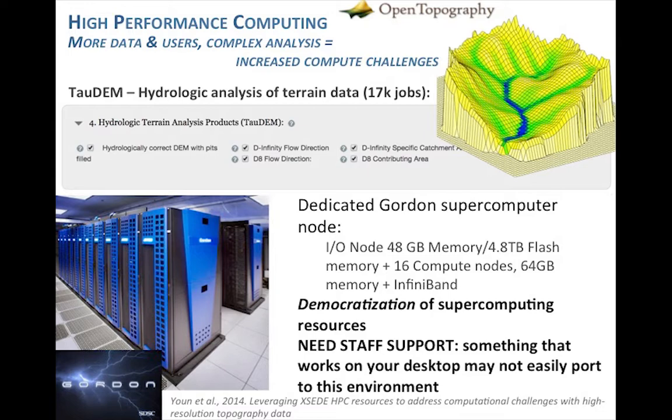But now that it's working, we've had 17,000 jobs run, and people are invoking this high performance computing on their data. But the lesson is really another need: staff support.